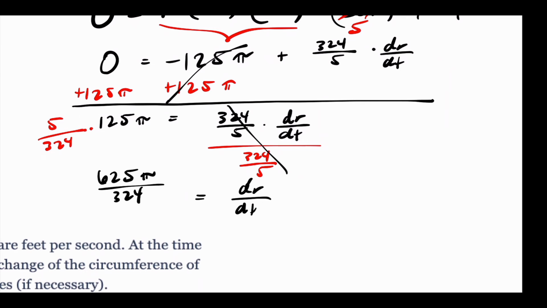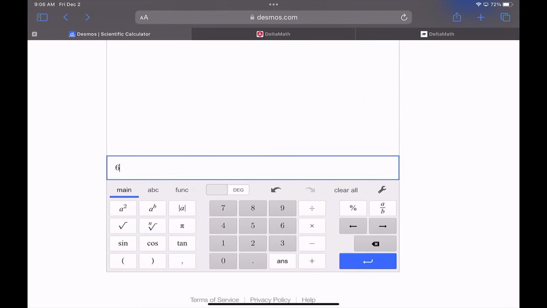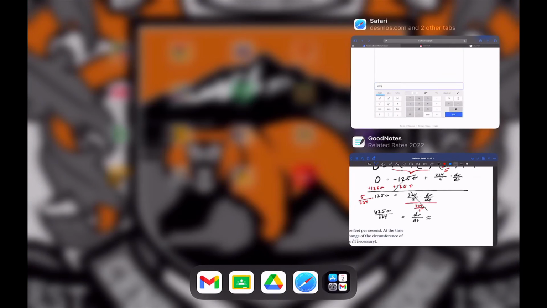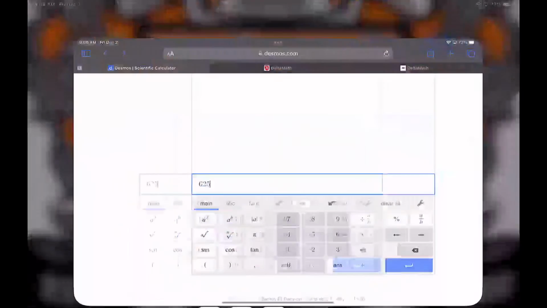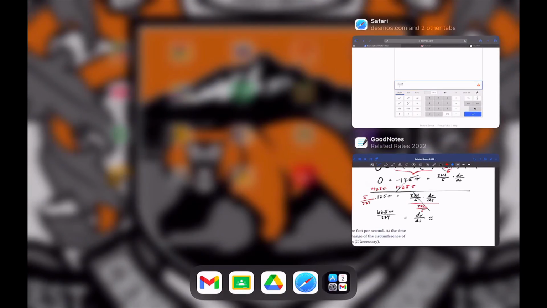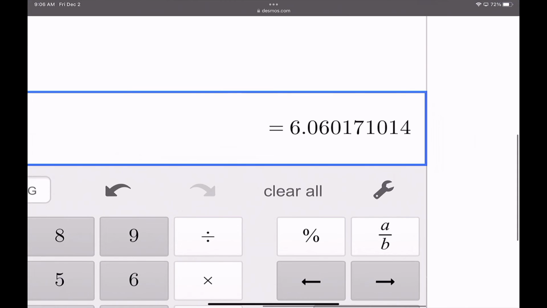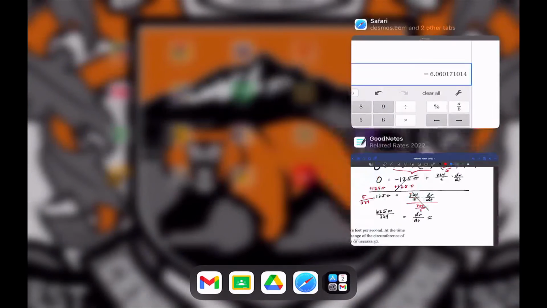Now I can round. So I'm going to go to my calculator. 625 pi divided by 324. .060.